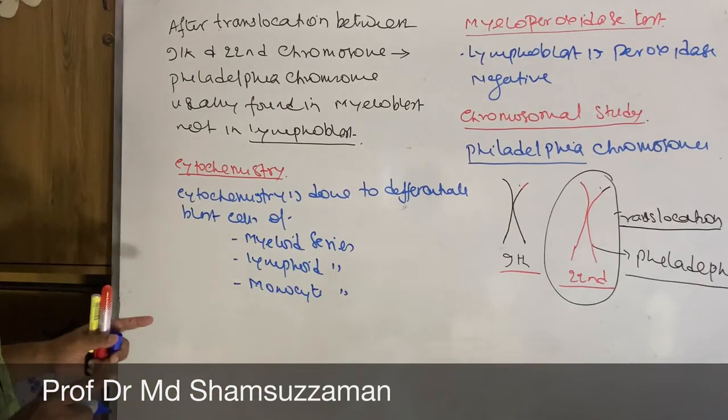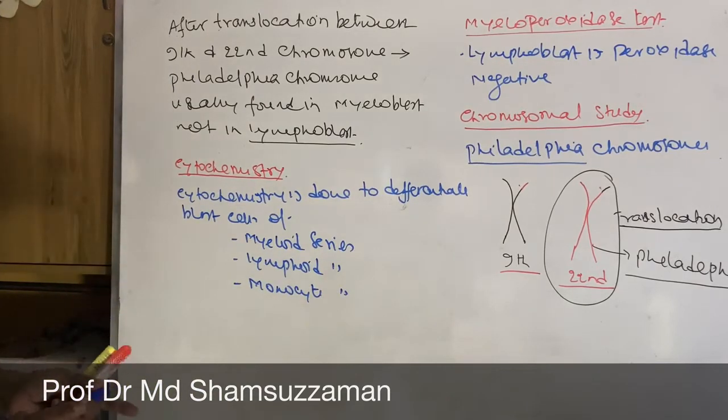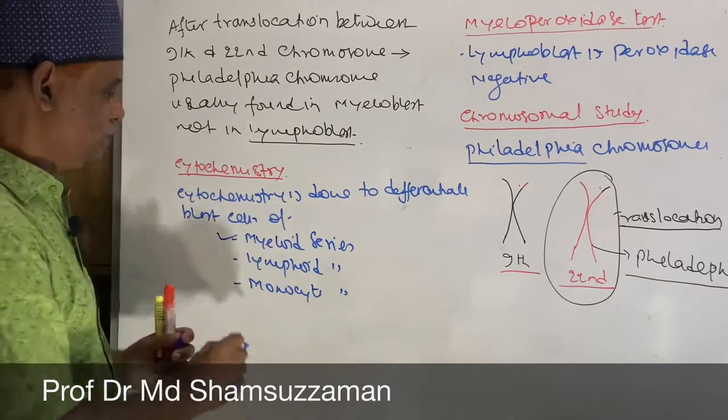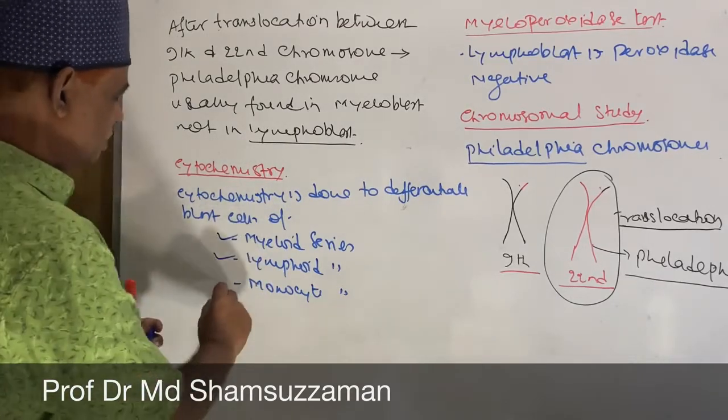So by using cytochemistry, we can differentiate the blast cells of myeloid series, lymphoid series, and monocyte series.